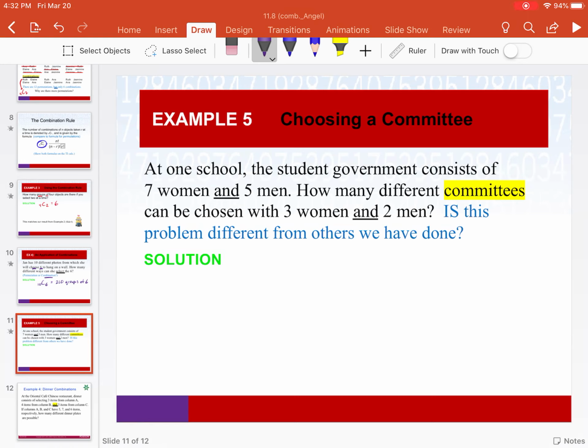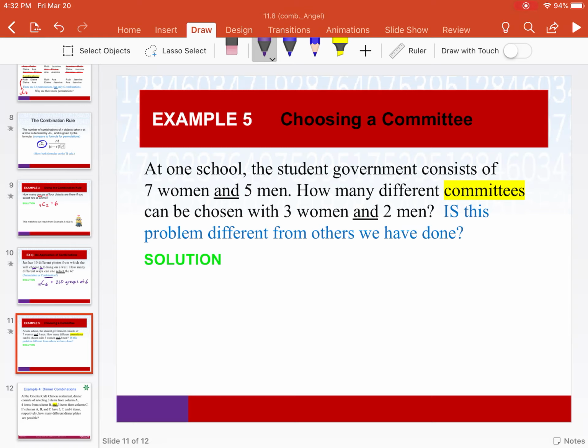Example 5. At one school, the student government consists of 7 women and 5 men. This is interesting. It's kind of like subgroups, right? How many different committees can be chosen if your committee has to have 3 women and 2 men? Ooh, interesting.